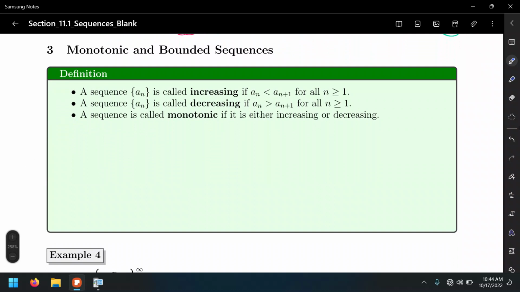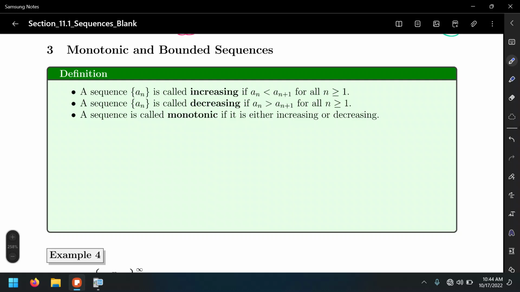But if we further analyze sequences, looking at their behavior, these sequences increase or decrease, or they're called monotonic if they have only one kind of behavior. That is, whether they increase only or decrease only, because there are sequences that do both, increase and then decrease, increase and then decrease. That's not a monotonic sequence. It has a special name that we will discuss later.